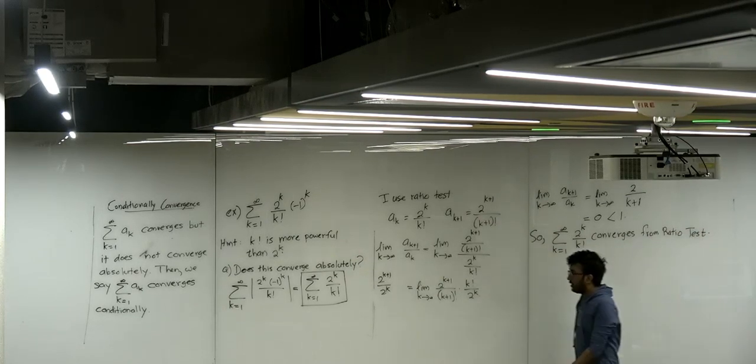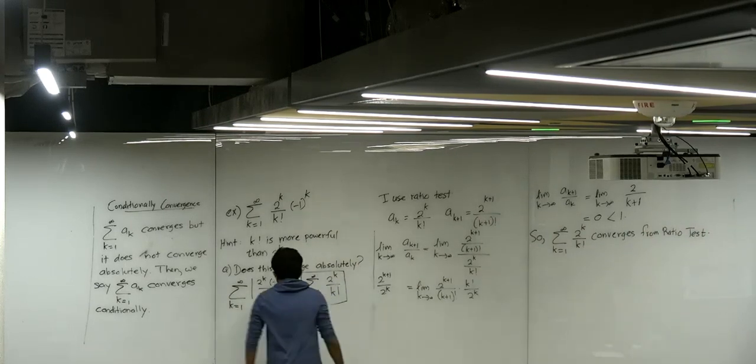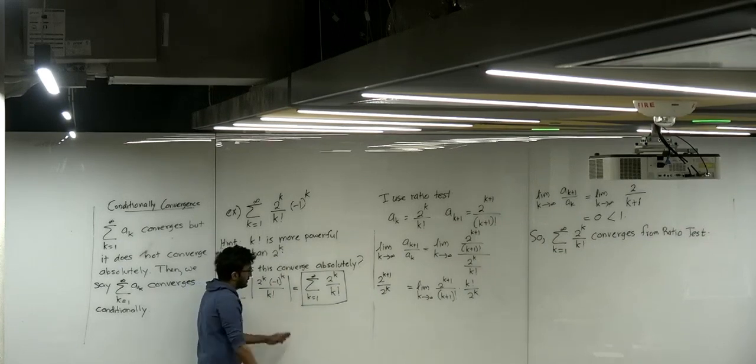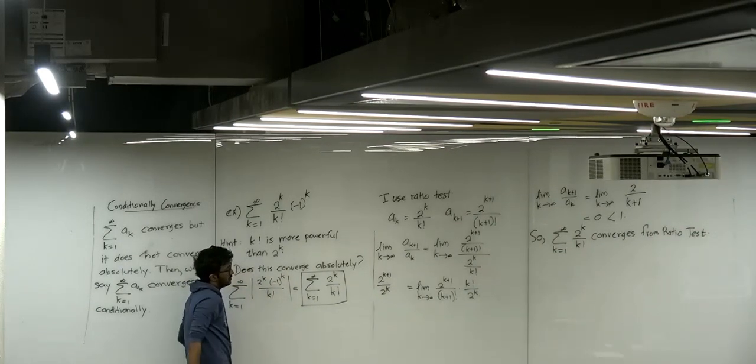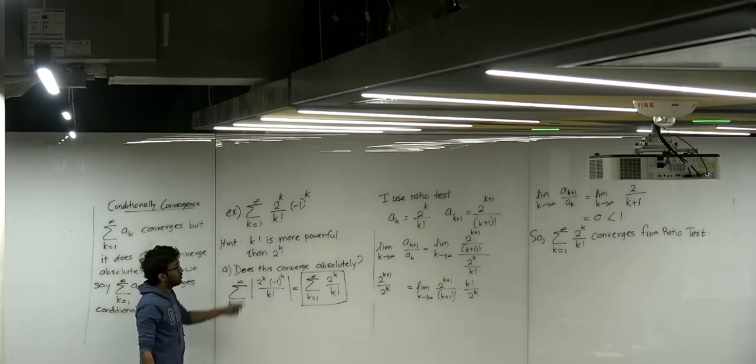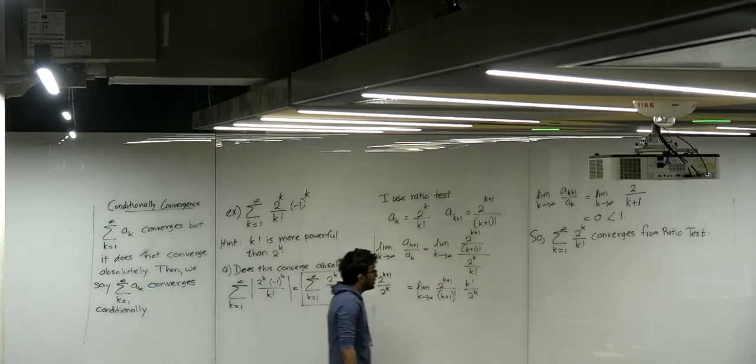Now again, we saw that the series that consists of absolute values is going to converge. So what is your conclusion about the original series? That should converge.